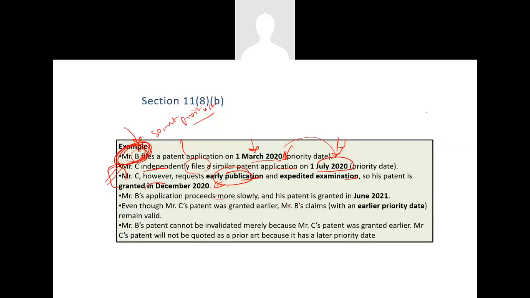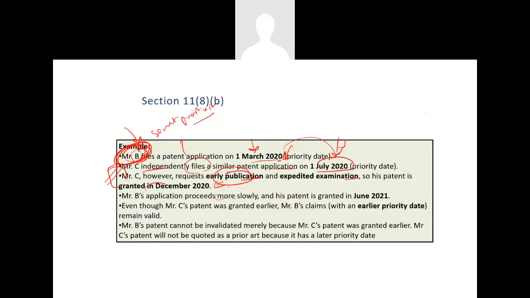He may also file a revocation or post grant opposition if it is still within the window of 1 year. Whatever the case may be, Mr. B can definitely contest the grant and contest that the patent granted to Mr. C could be invalidated. But vice versa is not possible.